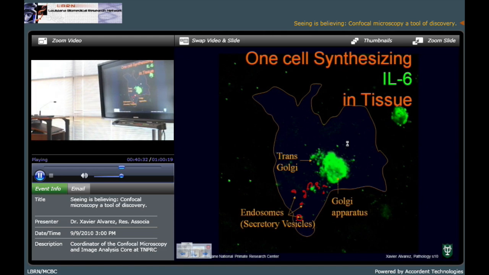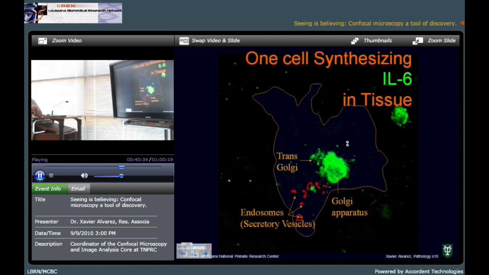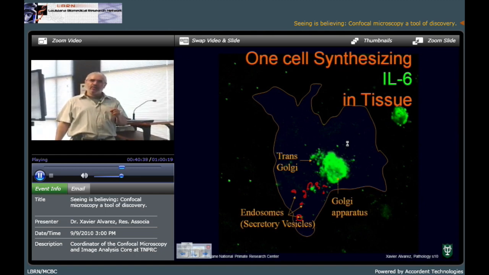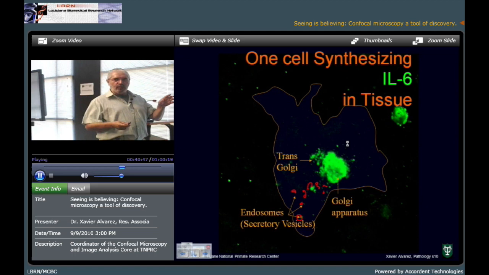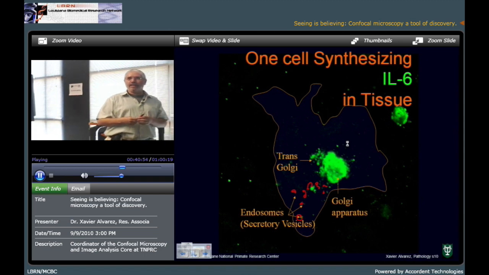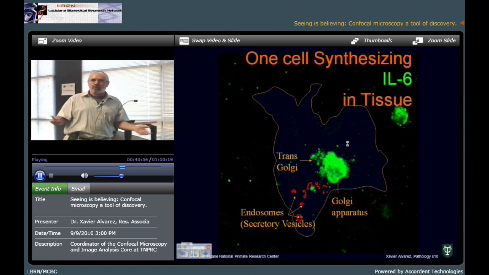By culturing the tissue with blockers that block secretion, we are able to stain for the cytokines that they are going to produce. And then we could follow the production of cytokines in the tissue and the cells that are coming towards the cells that are synthesizing something, okay?